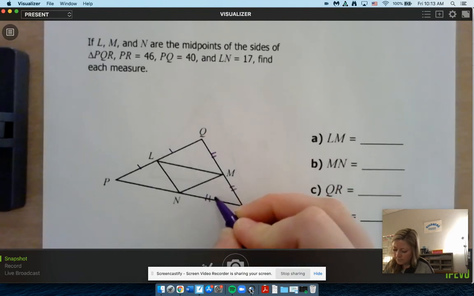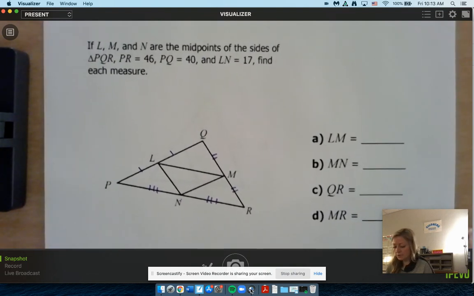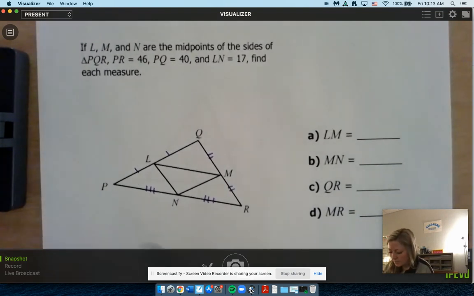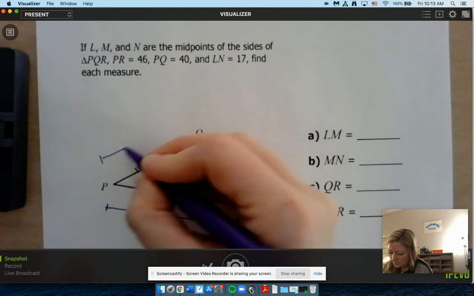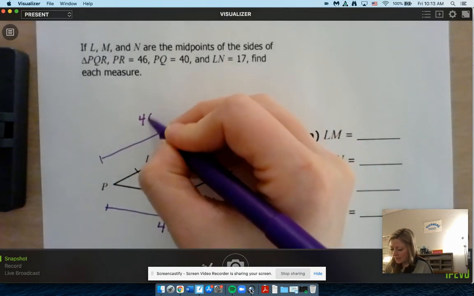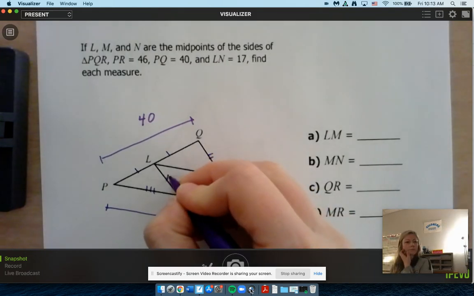Just know that these are all my midpoints. And then we're told PR, this whole side over here, is 46. PQ, this whole side, is 40. And LN, this little guy in here, is 17.